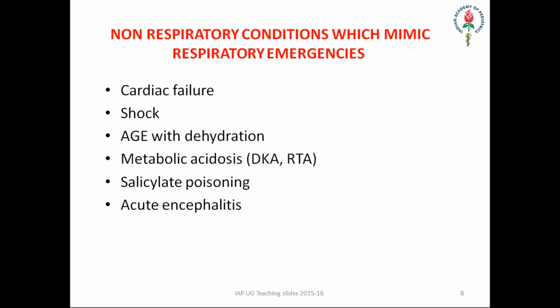In acute encephalitis, if there is a rise in ICT and it leads to Cushing triad, you can see hyperventilation. With poisonings and metabolic acidosis, you see Kussmaul breathing, an abnormal respiratory pattern, as in acute GE with dehydration. In shock also, the work of breathing will be more, and cardiac failure or cardiogenic shock, cardiac diseases, cause respiratory distress.